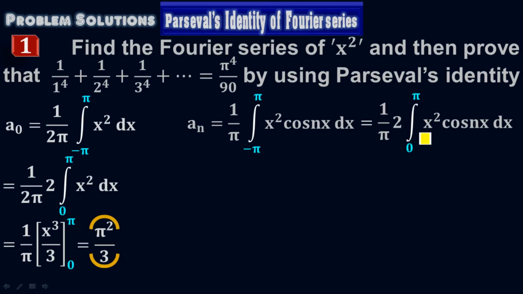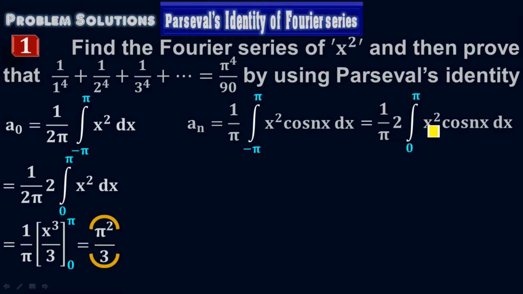Now since I have the product of two functions, x squared and cos nx, I'm going to apply the product rule. There are two ways to find the definite integral of the product of two subfunctions, x squared and cos nx. But since it has one pure algebraic function, we can use one simple method where we have differentiation on one side and integration on the other side.